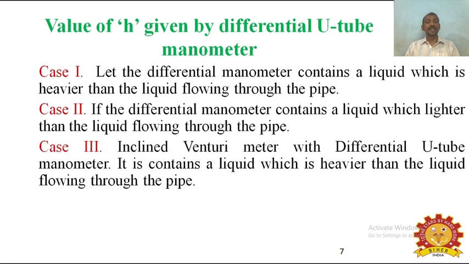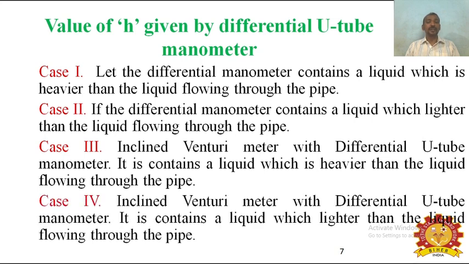Then case 3: inclined venturimeter with a differential U-tube manometer containing a liquid heavier than the liquid flowing through the pipe. And case 4: inclined venturimeter with a differential U-tube manometer containing a liquid lighter than the liquid flowing through the pipe.